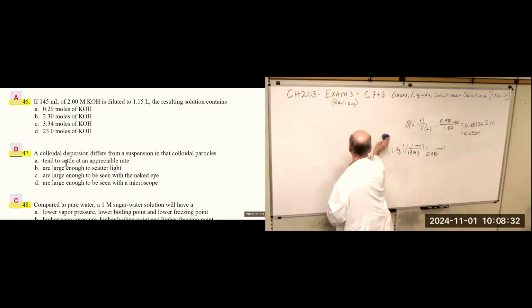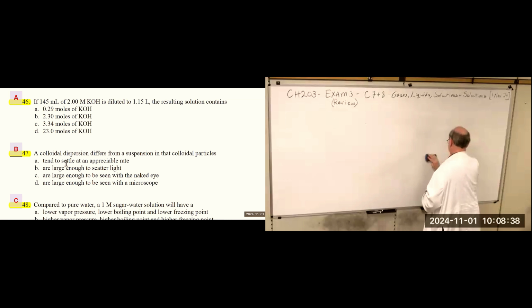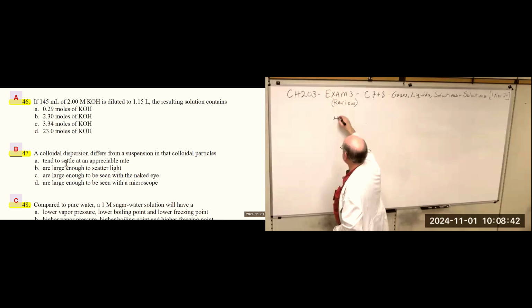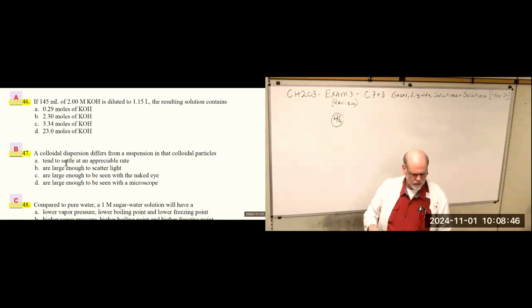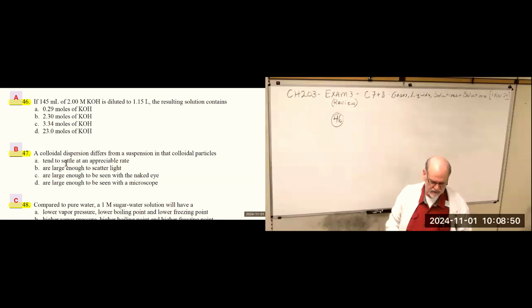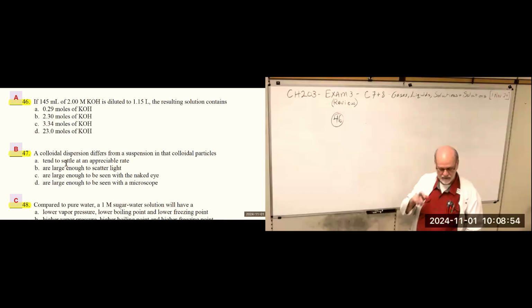46. If 145 milliliters of 2 molar KOH is diluted to 1.15 liters, the resulting solution contains how many moles of KOH? All right. What kind of problem is this?